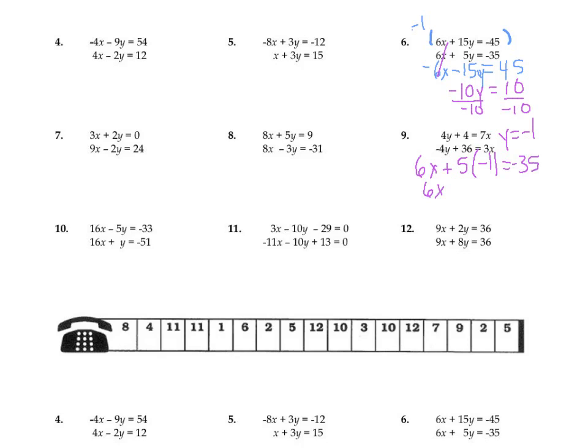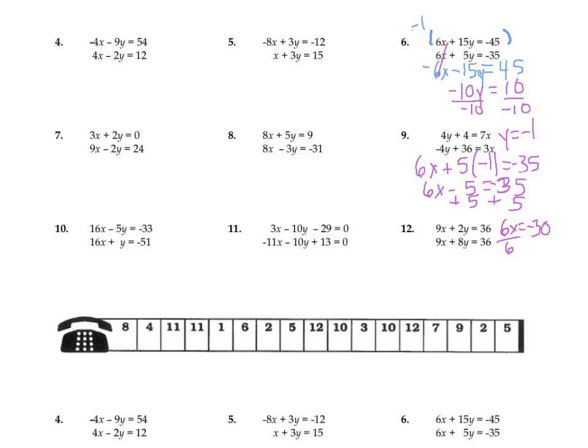So we can bring that 6x down. 5 times negative 1 is negative 5 equals negative 35. Then we can add 5 to both sides, and we get 6x equals negative 30.